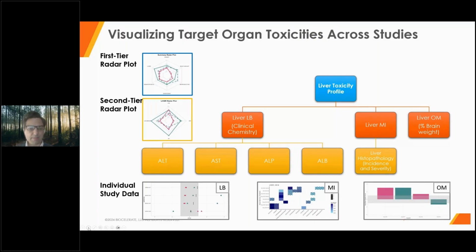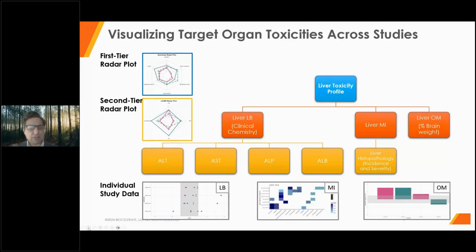What I'd like to talk through is going from the individual data, how we went from there to this tool that we have created to summarize it as we go up. So as you can see at the bottom, we have this individual data. And let's go on to the next slide.